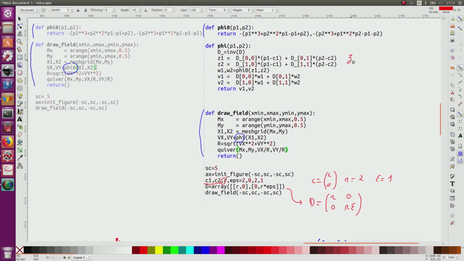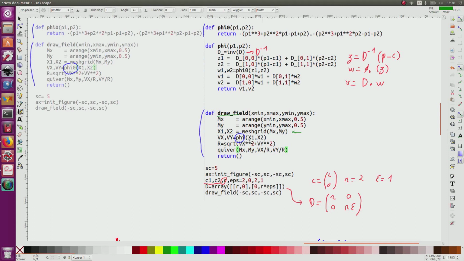I took Z equal D minus 1 multiplied by P minus C. W corresponds to phi 0 of Z, and what I return is V equal to D multiplied by W. Note that since here I use draw field, x1, x2 correspond to matrices which represent the gridding, and a vector field with a vector for each point of the gridding.